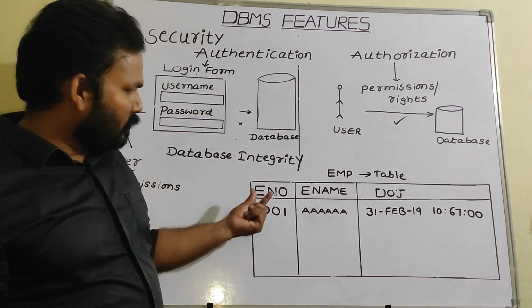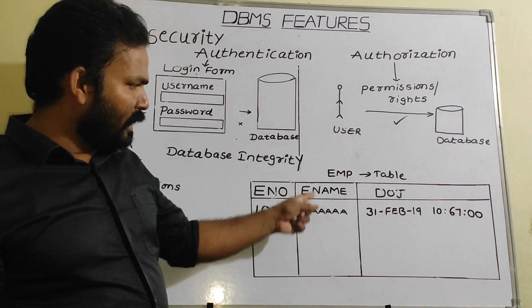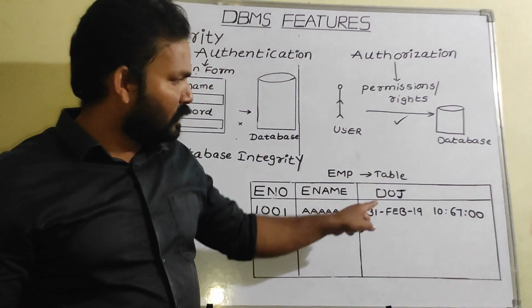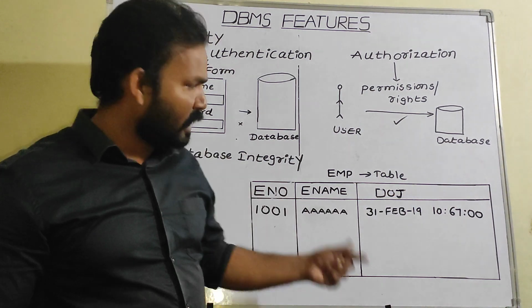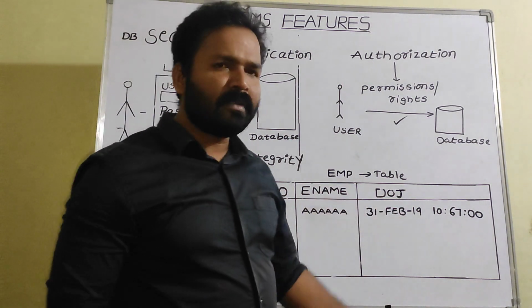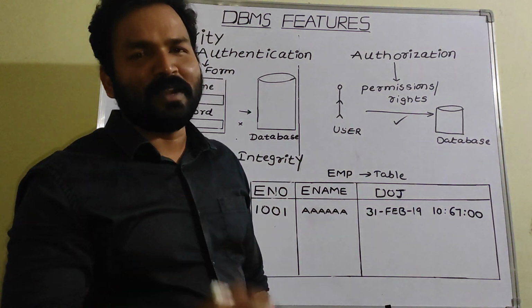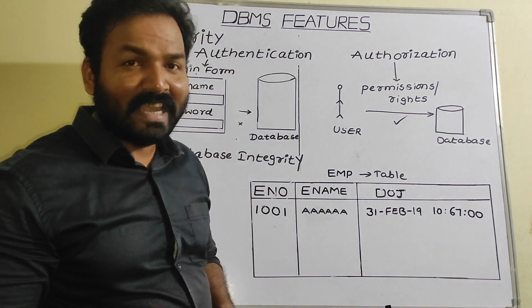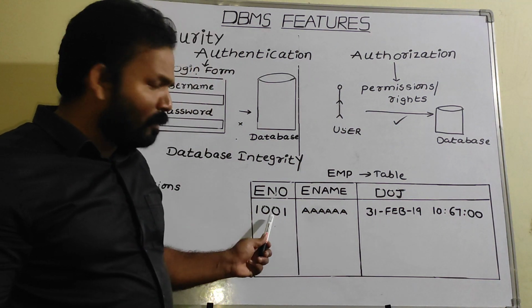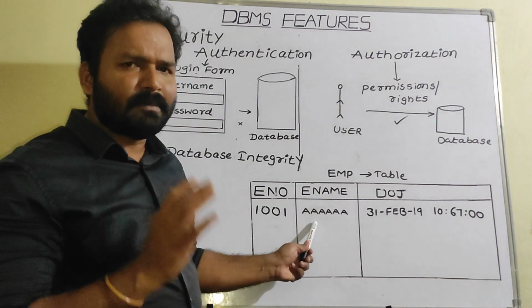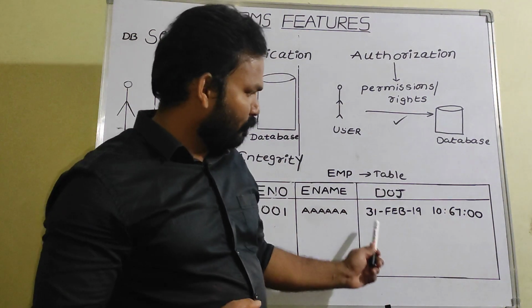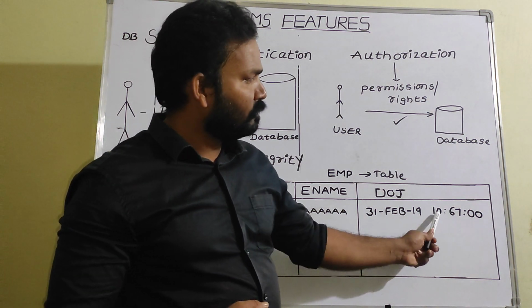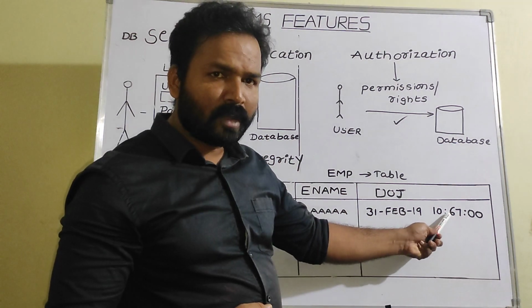In the given table, employee number, employee name, DOJ, meaning date of joining, are the column names. Date of joining or hire date. Here employee number 1001, employee name some name, date of joining 31st February 2019.